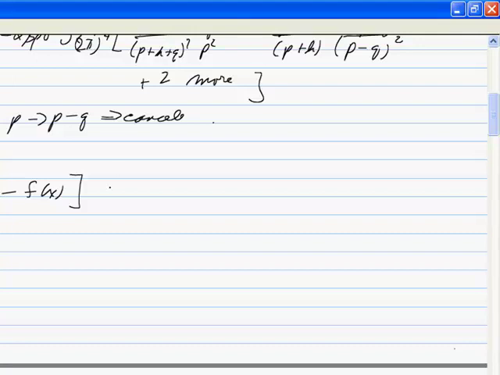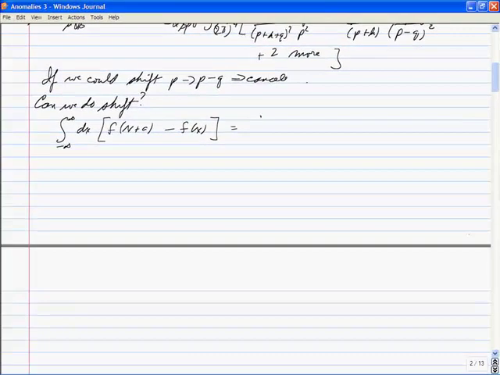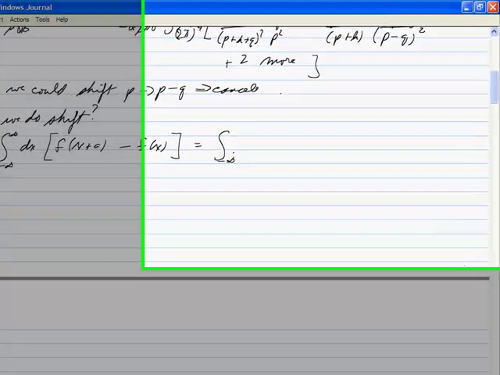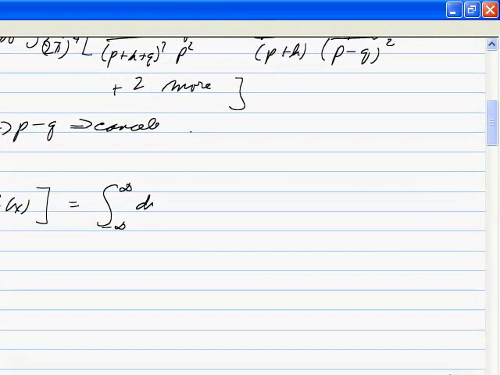But if a is small, we can write this as the integral from minus infinity to infinity dx of, well, if I Taylor expand that first one, I get f of x plus the term that survives, a f prime of x. So that's at least the first term that survives.